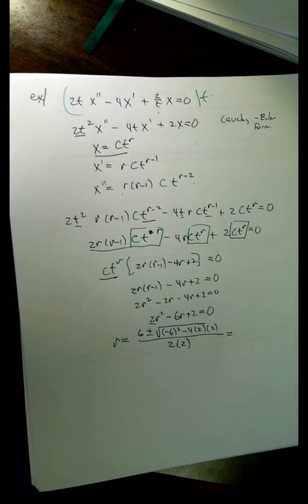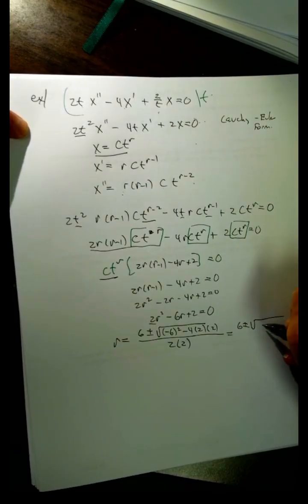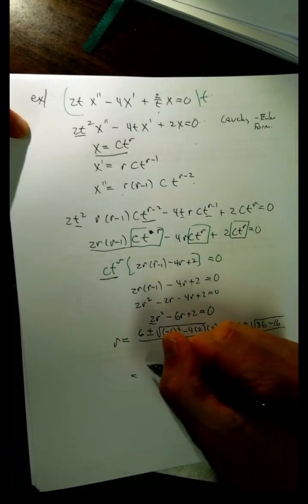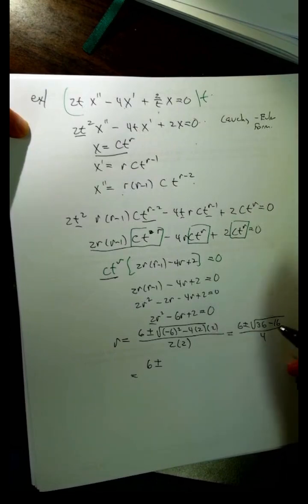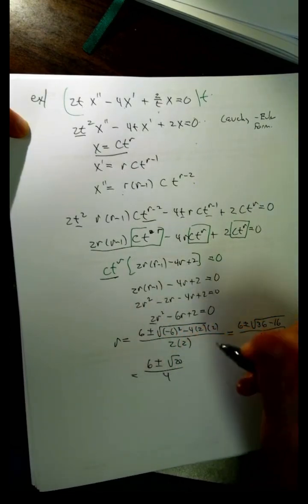So let's clean that up. I get 6 plus or minus the square root of 36 minus 16, all over 4. So that becomes 6 plus or minus the square root of 20 over 4.